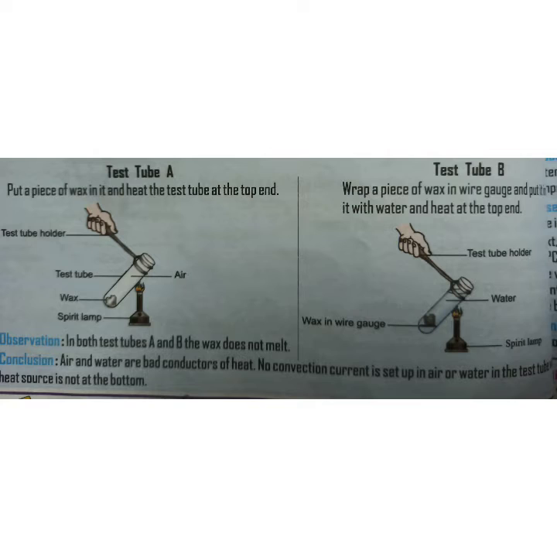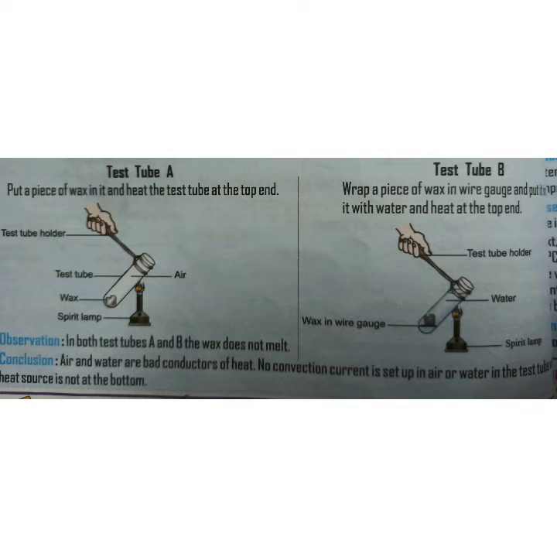Like the previous video, we are going to understand the direction of convection currents by doing activity 6. For doing this activity, we need 2 test tubes, water, a piece of wax, wire gauze, spirit lamp and test tube holder.